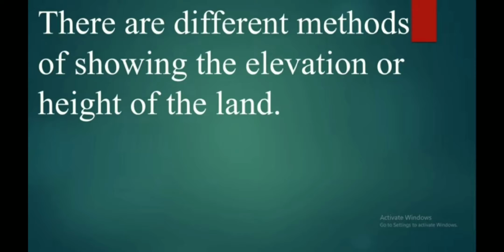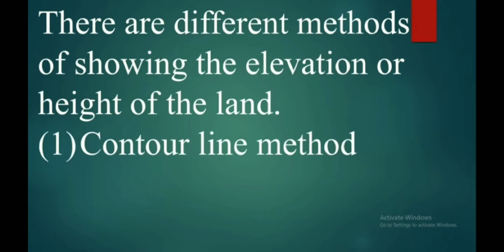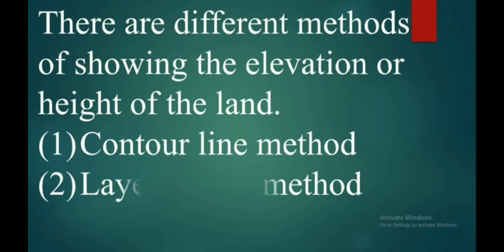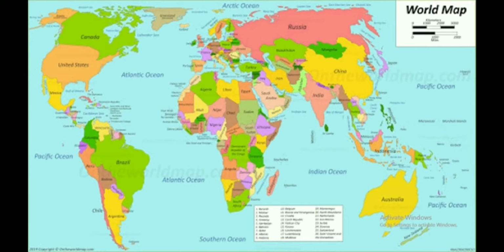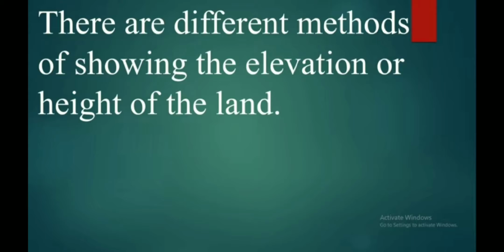Taking into account the differences in their height and shape, various landforms can be shown on a map. There are different methods of showing these landforms, that is, different methods of showing the elevation or height of the land.